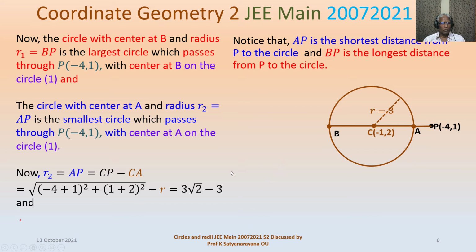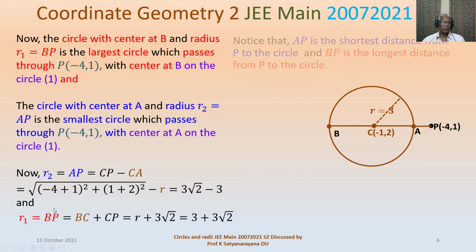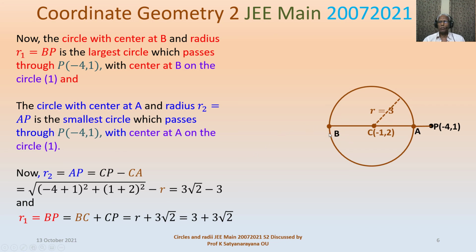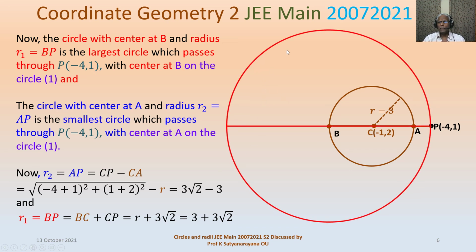And R1 is equal to BP, which is BC plus CP. CP we have already calculated, that is 3√2, and BC is the radius 3, so R1 = 3 + 3√2. So we know the shortest radius and the longest radius.